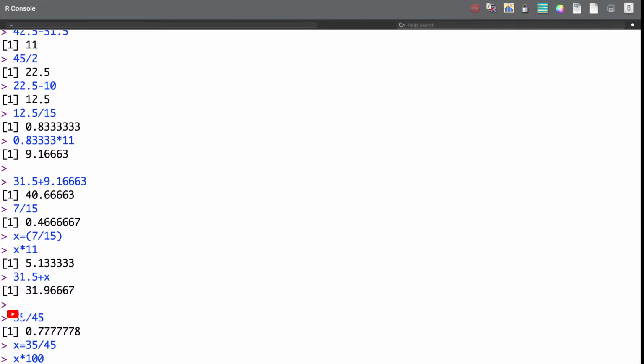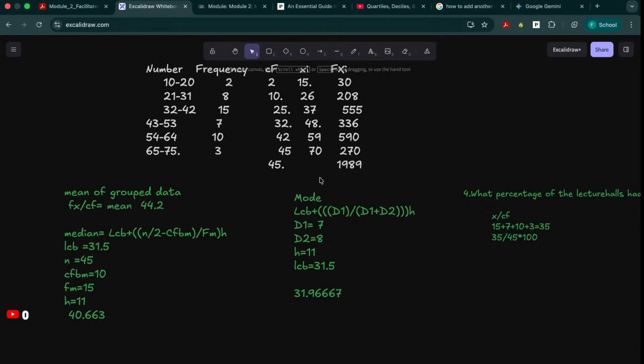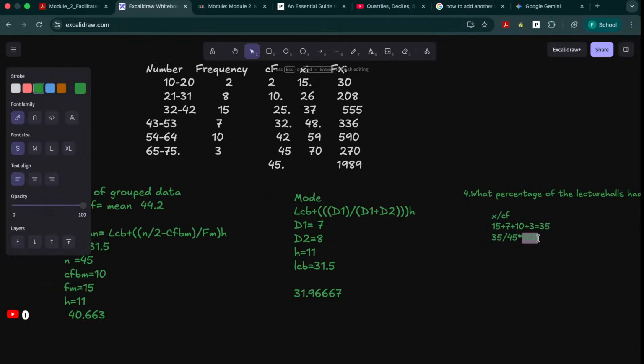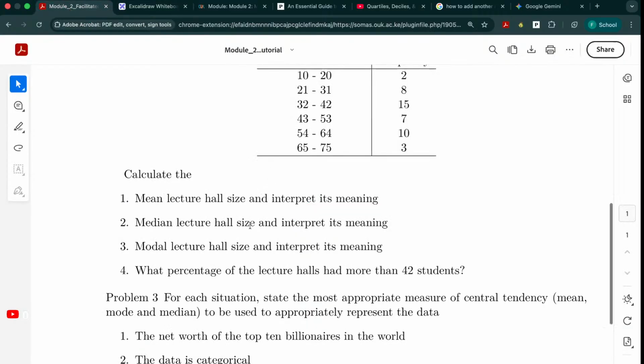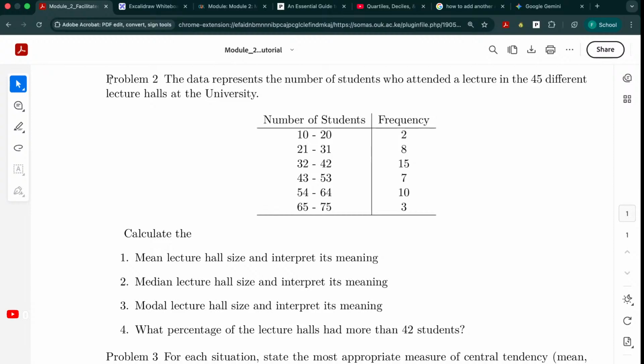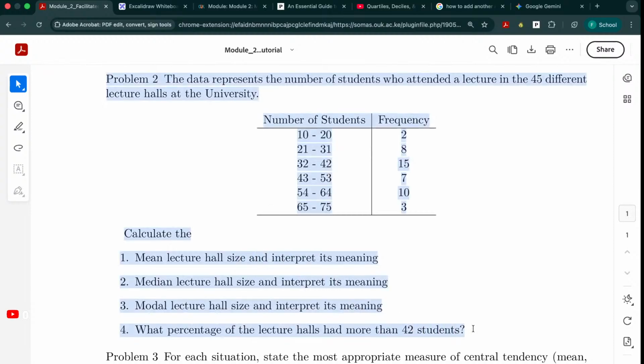So we have 77.78. So that is our answer to that. So now, the moment of truth, we input the question to Gemini and let's see what we get.